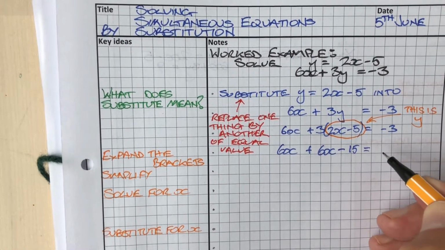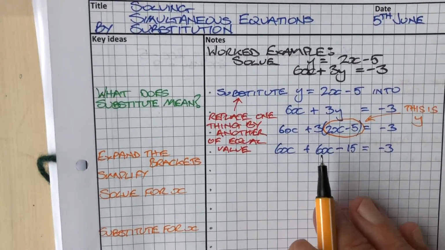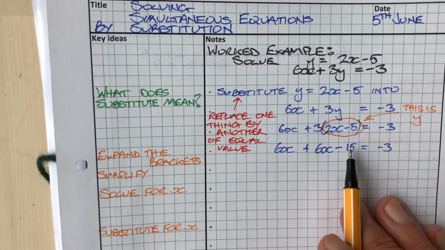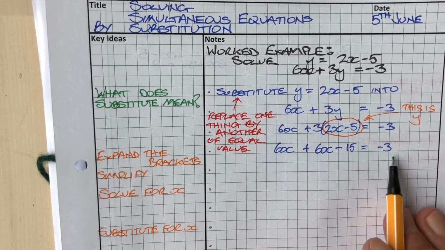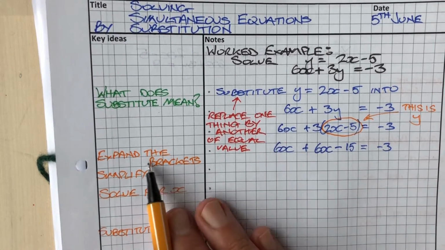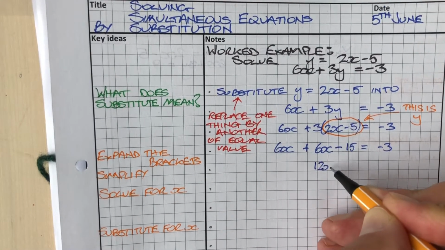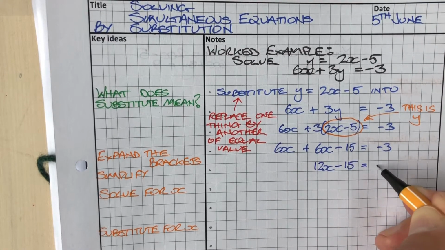Copy everything else. So 3 lots of 2x is 6x, 3 lots of negative 5 is negative 15. Everything else is copied. Looks a little bit better. Simplify it further. 6x and 6x is 12x. Everything else stays the same.